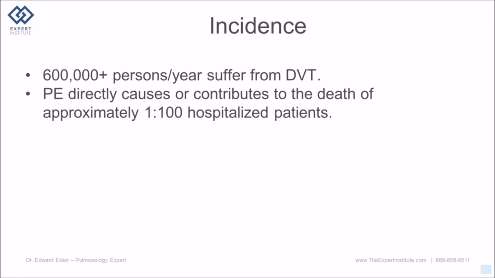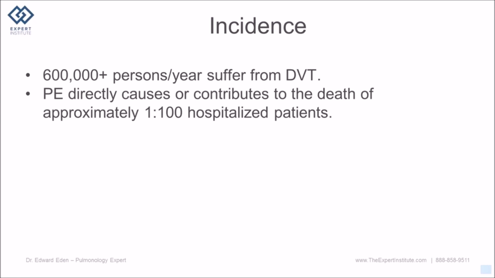Pulmonary embolism and DVT, deep venous thrombosis, is a quite common phenomenon. It's estimated that up to 1 million persons a year suffer from deep venous thrombosis.